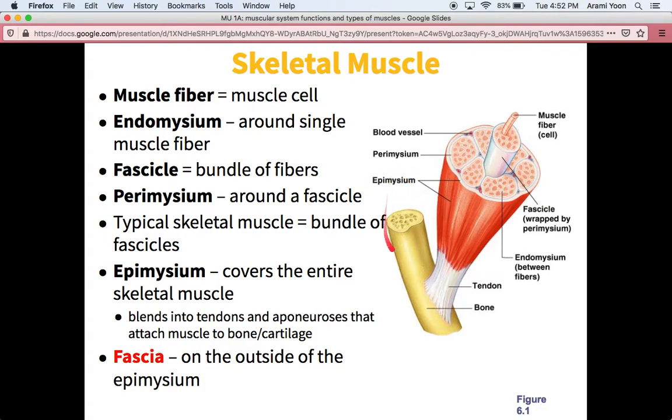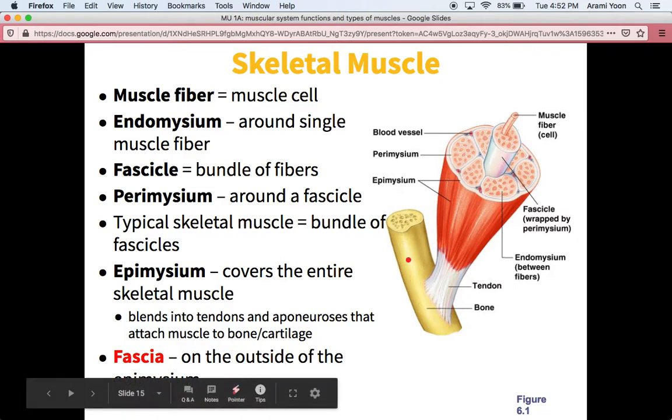The fascia is not labeled here in this model, but you would see it if we were doing a dissection. The fascia would be the layer that you would first pull off if we were dissecting a muscle. One thing I want to draw your attention to: this epimysium here is going to blend into what we call a tendon. That's the connective tissue that anchors the muscle to the bone.